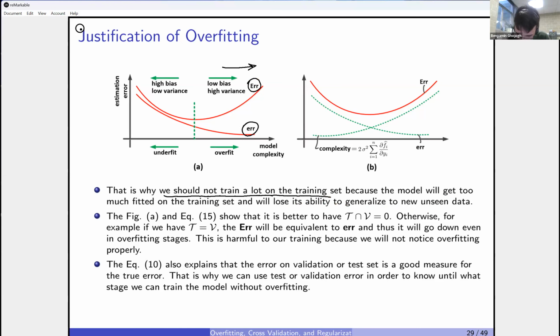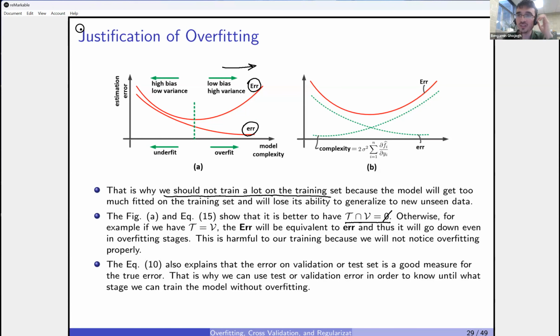Figure A and equation 15 show that it is better to have this be the empty set. So we must not have overlap between training and validation, because otherwise, as I explained already, if we have some leak of information from validation to the training set, we will not find out when we are overfitting.